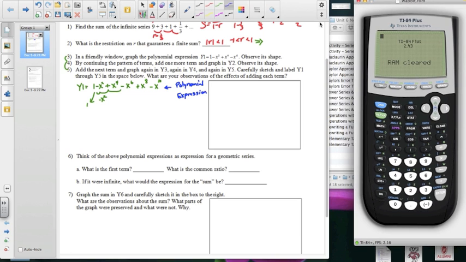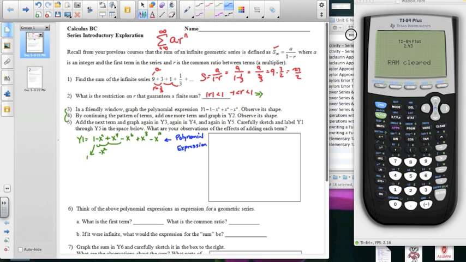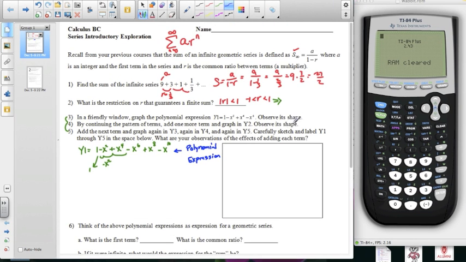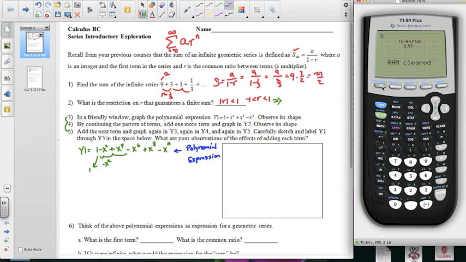If we graph that polynomial expression, we're looking at 1 minus x squared plus x to the 4th minus x to the 6th. If we just start there, that's this expression here, that's y1, and we graph that, we get something that looks like that.